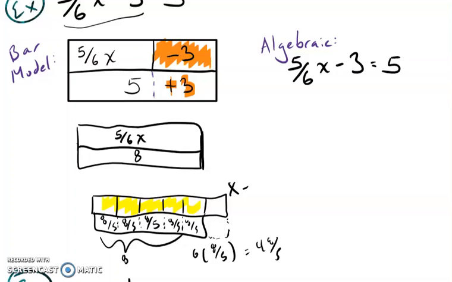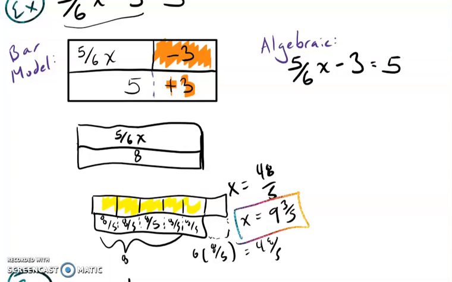So my x equals 48/5. Or if you'd like to convert this, we know that 5 goes into 48 9 times with 3 left over. So there's our answer from the bar model method.